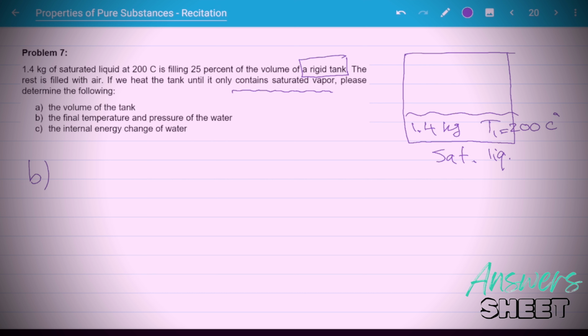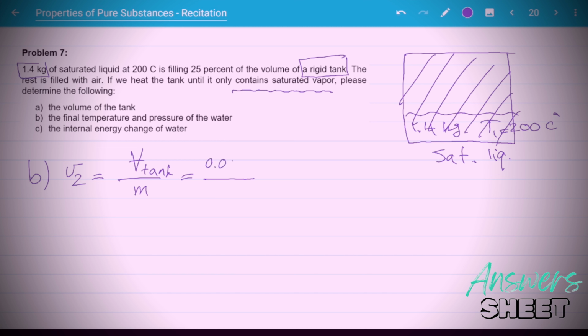So the specific volume at the final state is the volume of the tank, because the entire tank is now filled with saturated vapor. So the volume of the tank over the total mass, which is 1.4 kilograms, because no mass has entered or exited this rigid tank.